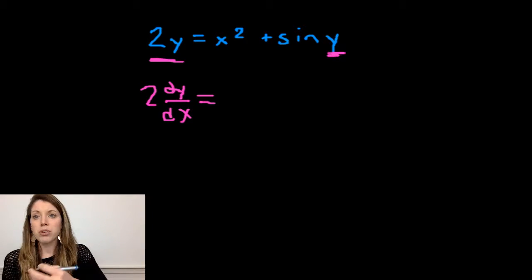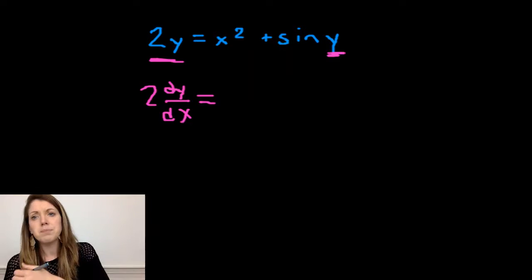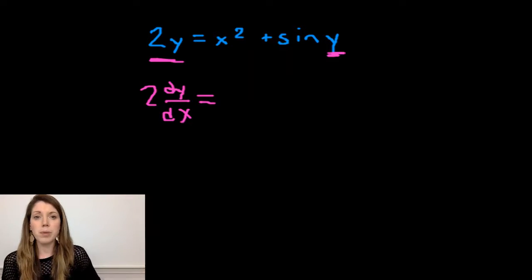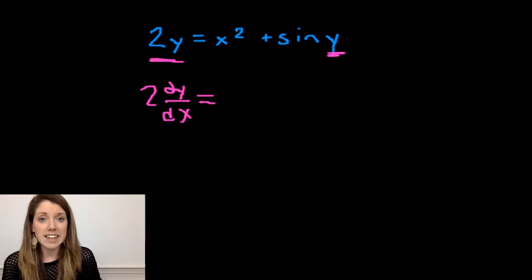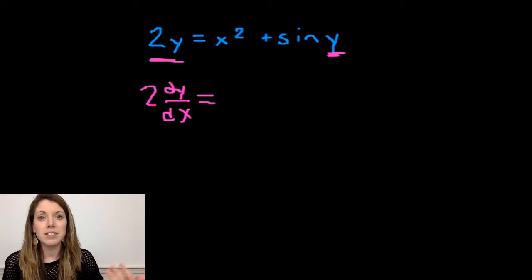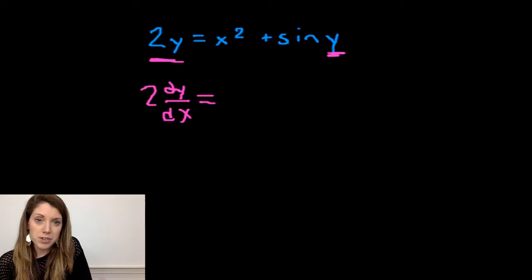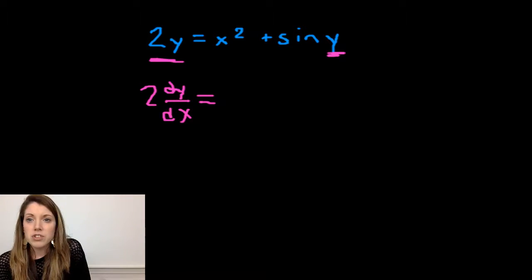So let's just go through. We've already kind of got the derivative of 2y is 2 dy dx. But let's just go through the problem one step at a time. We're going to try to figure out how to isolate dy dx and solve the problem, because once we've done that, we have our answer. Okay, so we've derived the left side of the equation. Now we want to derive the right side of the equation. Deriving x squared is pretty easy. We're just using a power rule function, so that's just 2x.